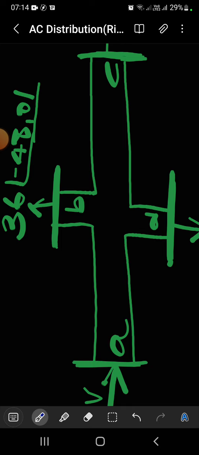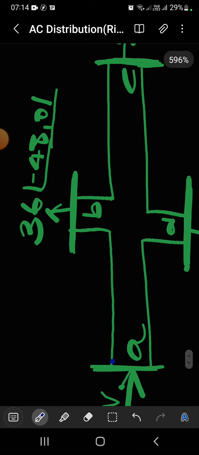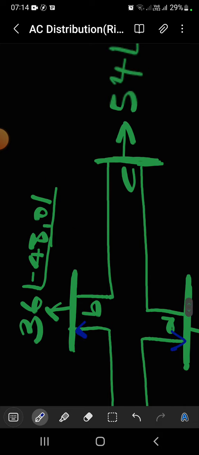With AC this time the story is a bit different. You assume that current travels from the supply all the way to your right, meaning you're going to have an arrow there, an arrow there, and two arrows entering bus bar C, like that. That's the first thing that you do.